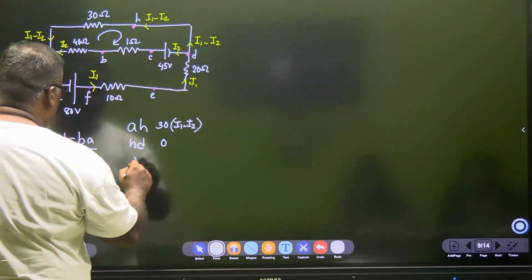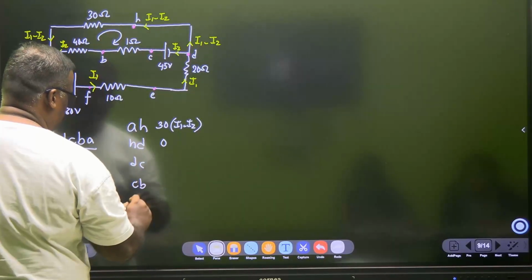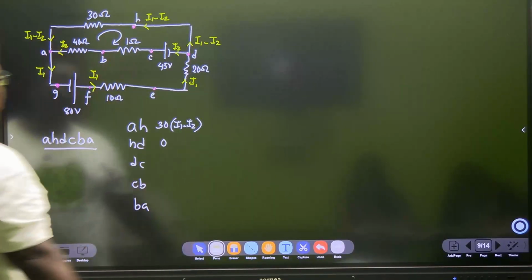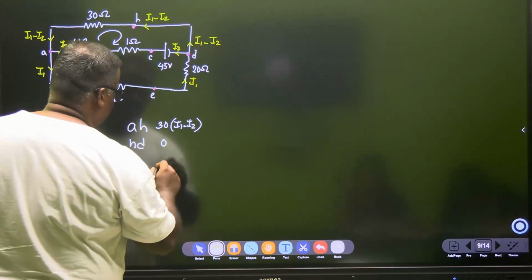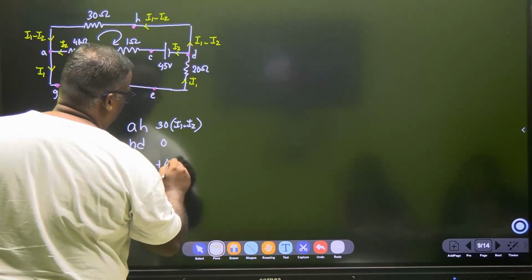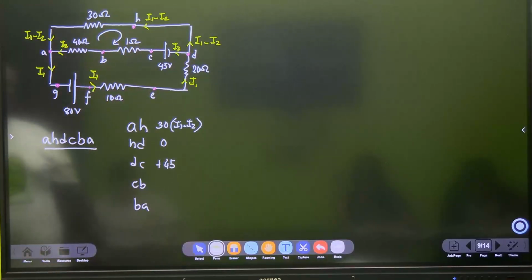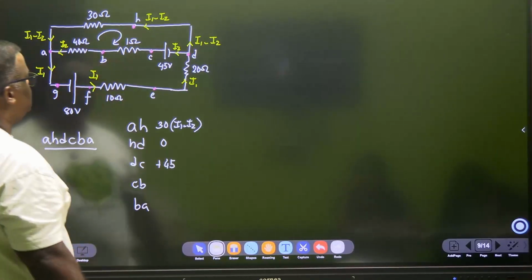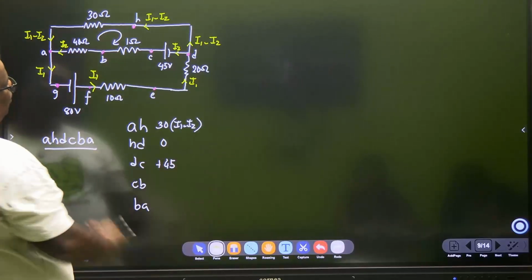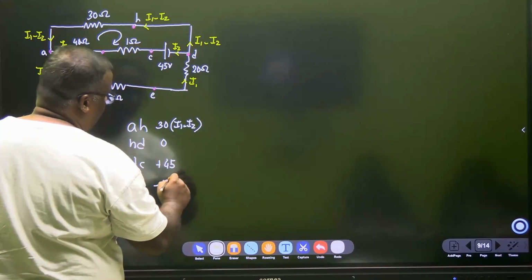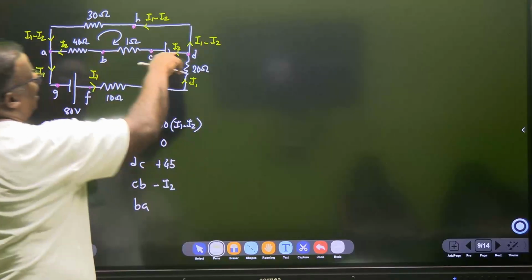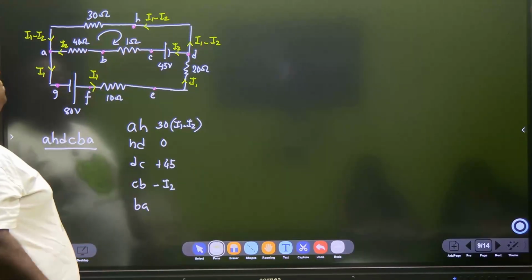Then we have D to C, C to B, B to A. Okay, D to C. I have a positive build-up here of 45. Right? Then C to B. I am moving along the direction of the current. So it is a negative I2. Negative I2.